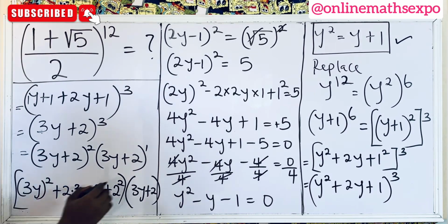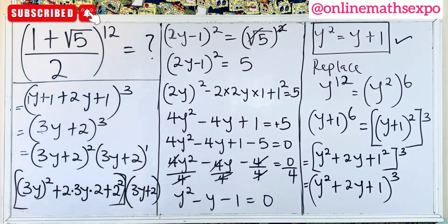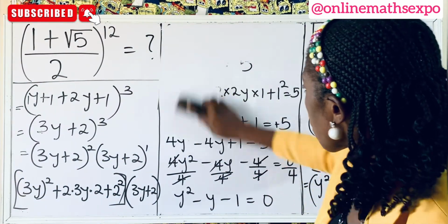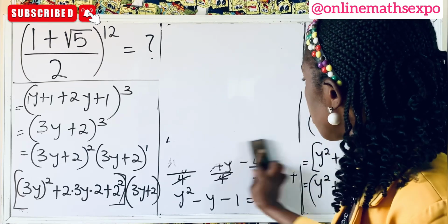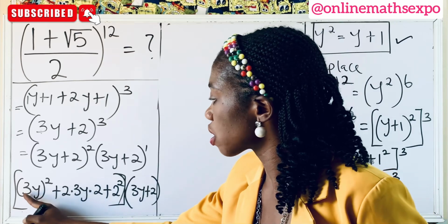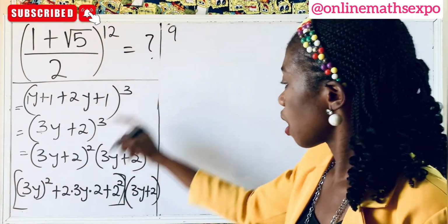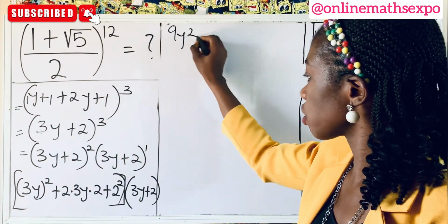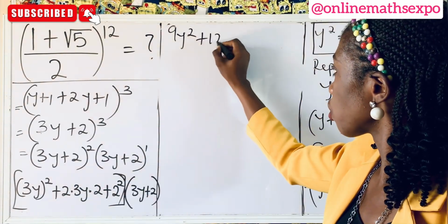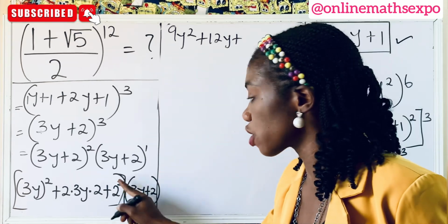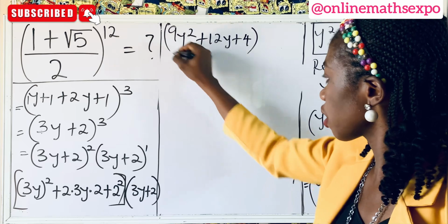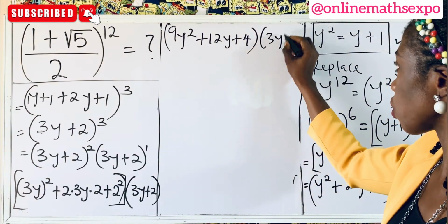So let's expand this. 3 squared is 9, and y raised to power 2 is y squared. 2 multiplies 6 will give us 12y. 2 raised to power 2 is 2 times 2 to give us 4.